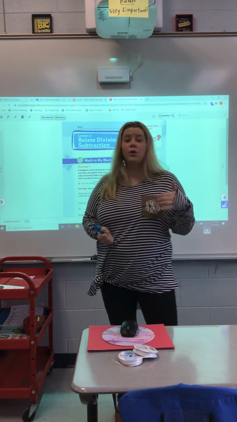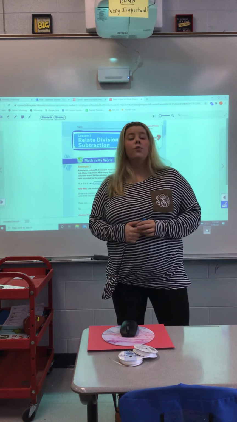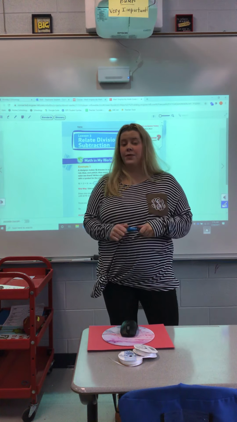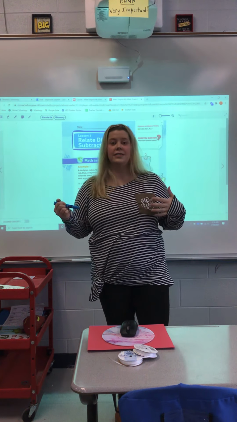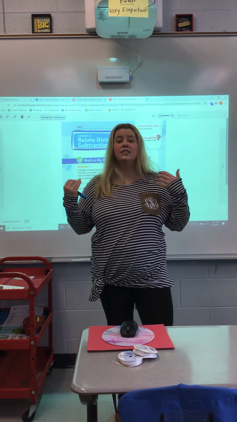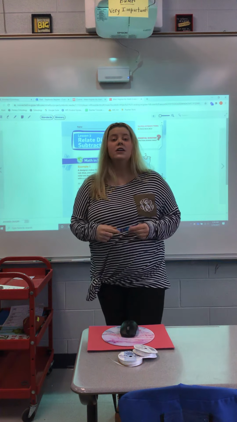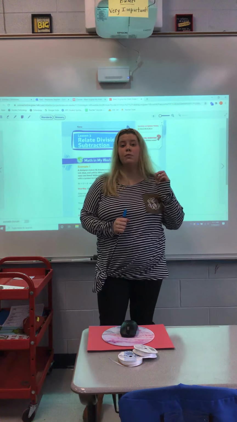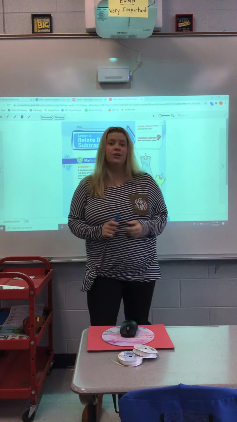If you think back to our multiplication chapter, we know that multiplication is repeated addition. We wrote lots of problems to practice that. Well, division is just repeated subtraction. So today we're going to look at 2 different ways to do repeated subtraction for division.